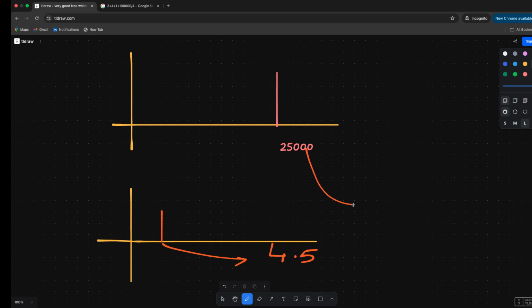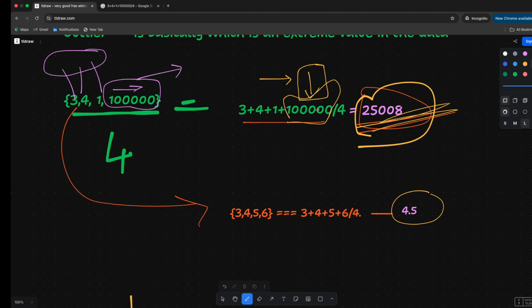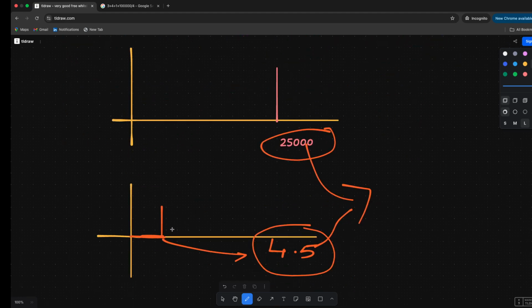So just by the addition, see the difference between the two values. This one is much closer, and see this value. The moment we got an outlier, the mean shifted towards it, becoming more and more towards the higher value.